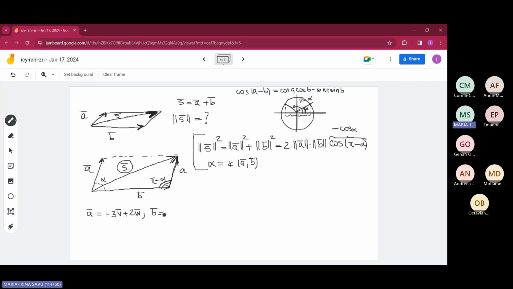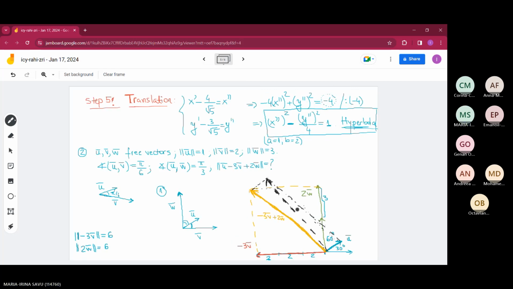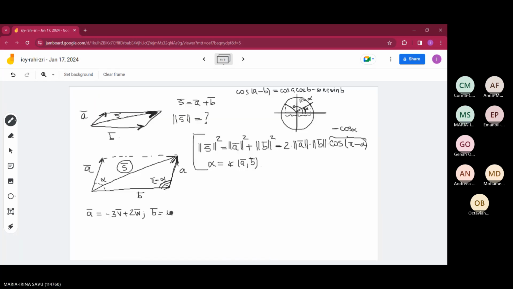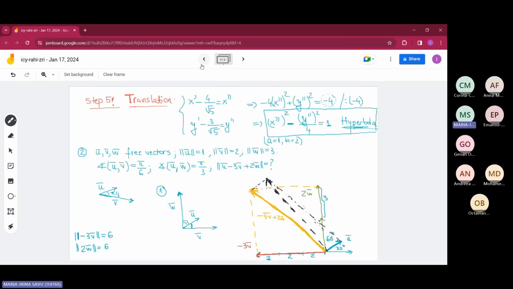And B is one which is U. And you know that the length of B is the length of U, which is 1. Okay. Find the length of A. How do you find the length of A?